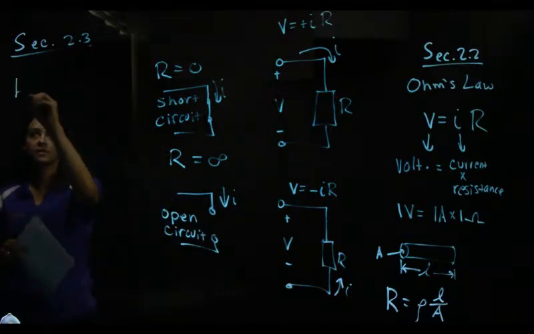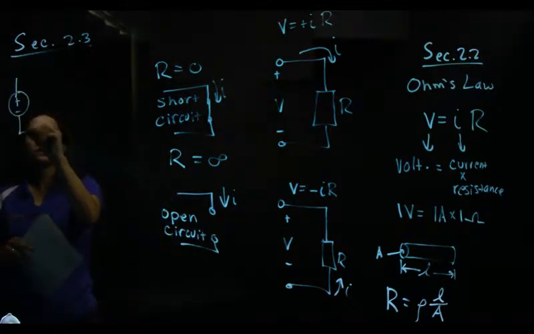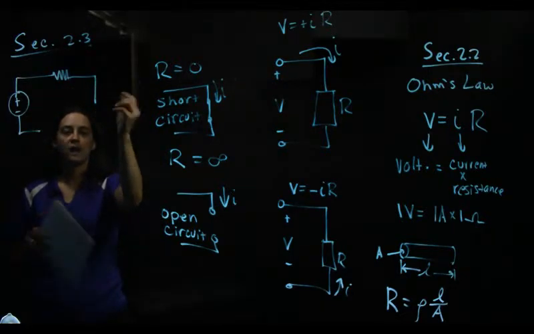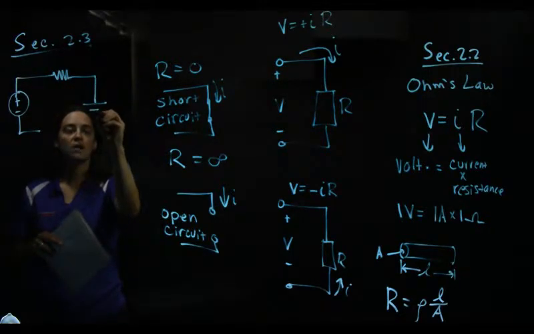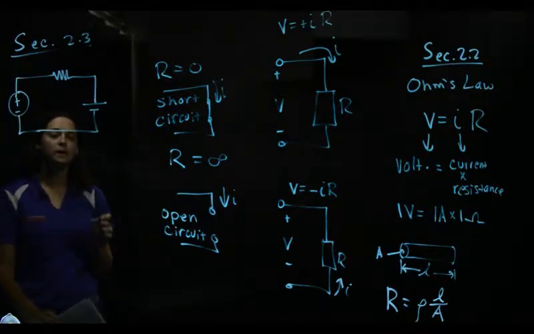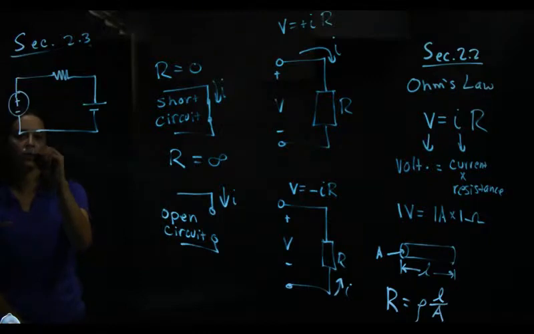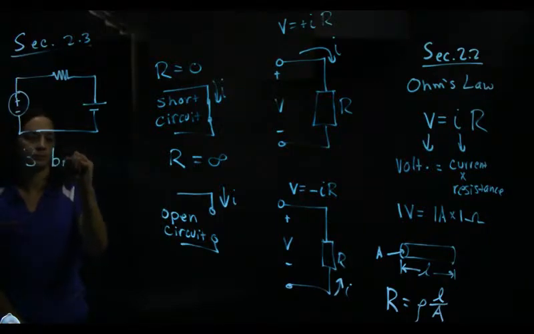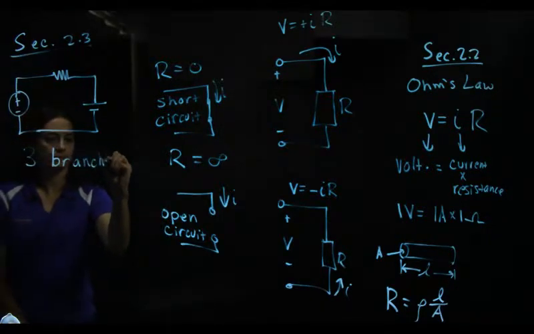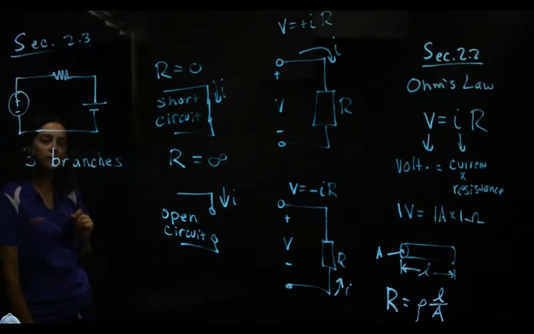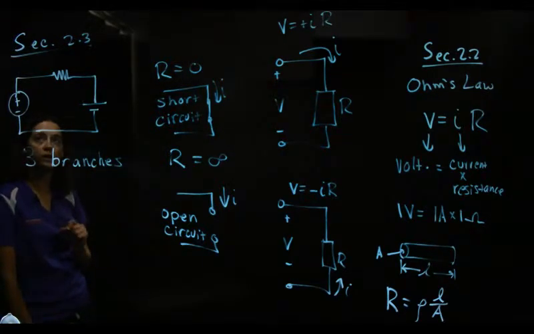So if I have some circuit with a battery, let's say a resistor, and we haven't seen any of these yet, but let's just draw a capacitor. Doesn't matter what I draw. I have 1, 2, 3. I have 3 things. So I have 3 branches. A node is a point of connection between 2 or more elements.